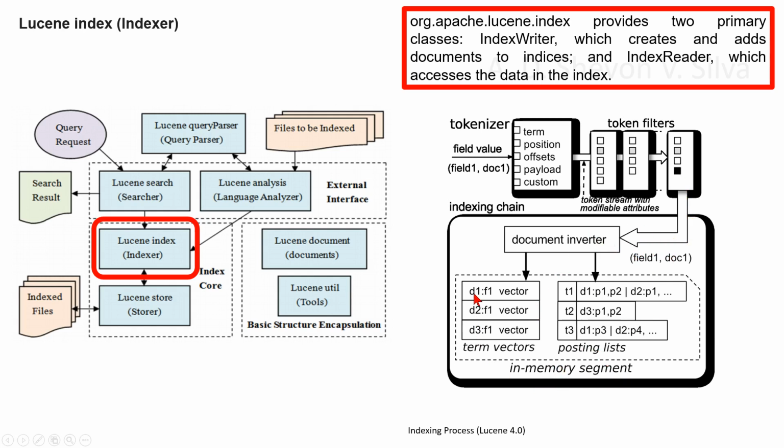The document inverter is connected to term vectors and posting lists. Here you can see the term vectors, and here you can see the posting lists. Here the token filter is connected to the document content via field 1 and doc 1 in this example.